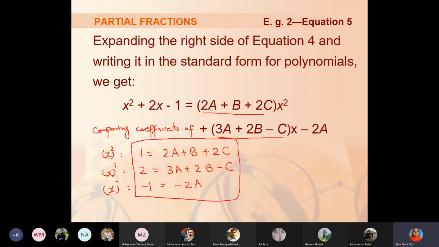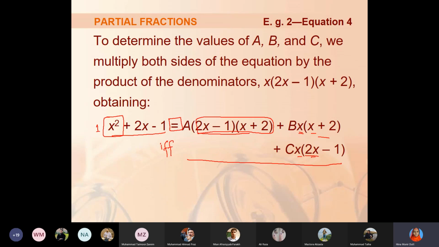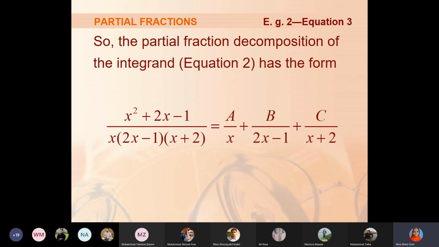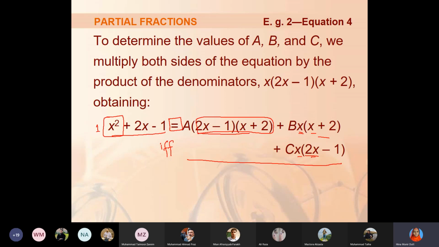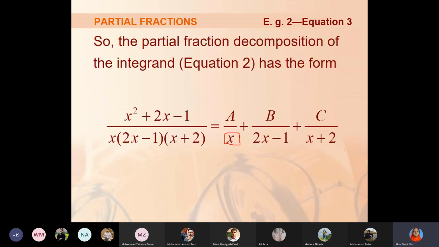For the quadratic factor, you have to definitely move to this general method, but for the linear factor, you can at least determine a few unknowns before comparing the coefficients. So the shortcut method is, if I put x equal to 0 in this equation, I can determine the value of a.